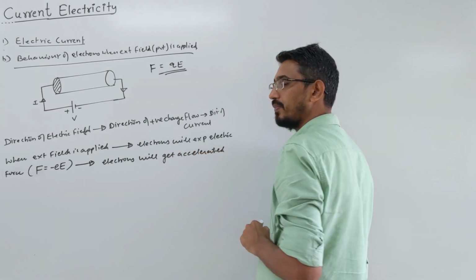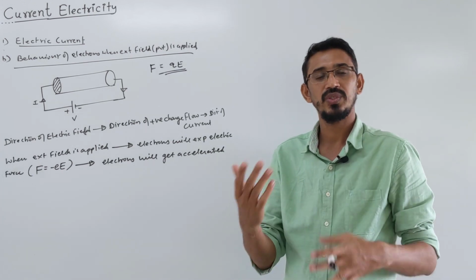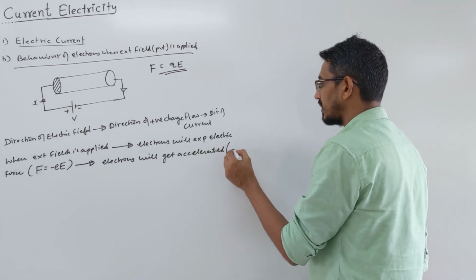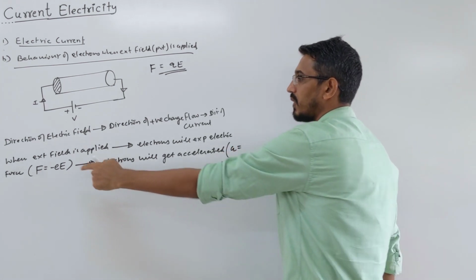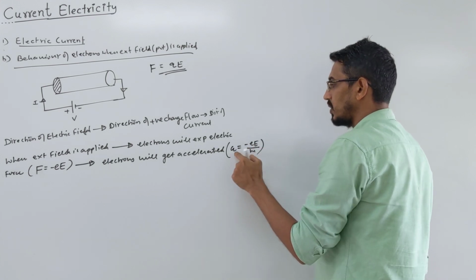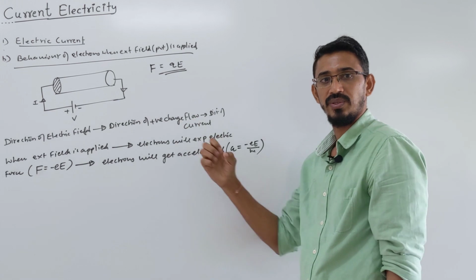And how much acceleration? Acceleration is simply force by mass, because force is ma. So acceleration is minus eE by m. So all electrons get accelerated.